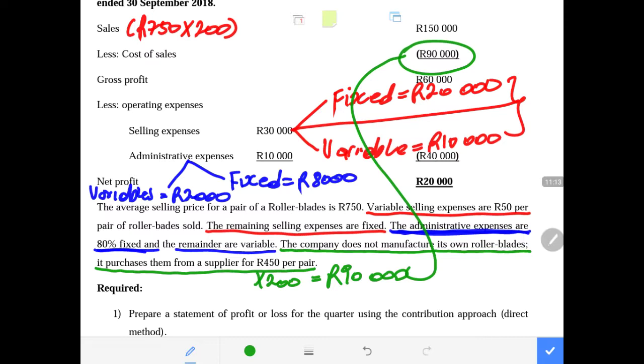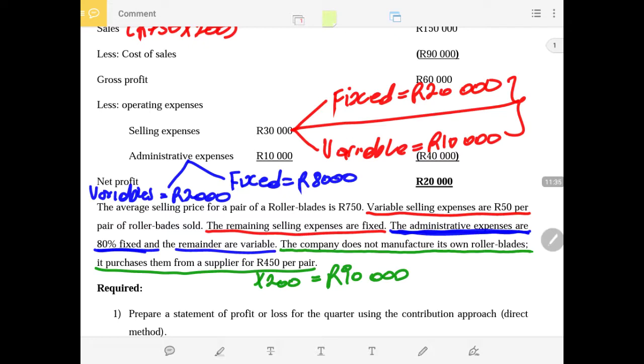So now this is just the confirmation of that 90,000 that we see. You can see that the cost of sales is only made of the purchase cost of the inventory. There is no fixed cost included in this cost of sales, but it's the variable purchases of 90,000 rands. Now that has been taken into consideration in terms of the analysis.